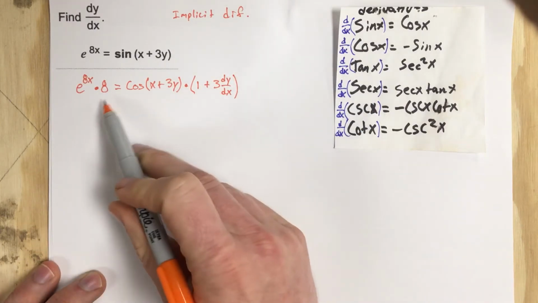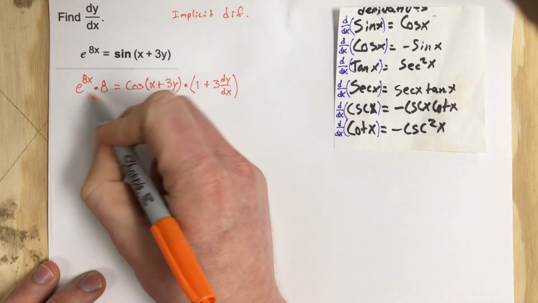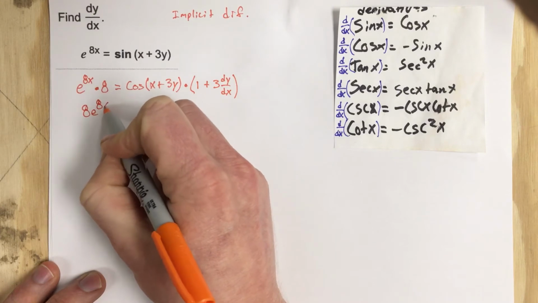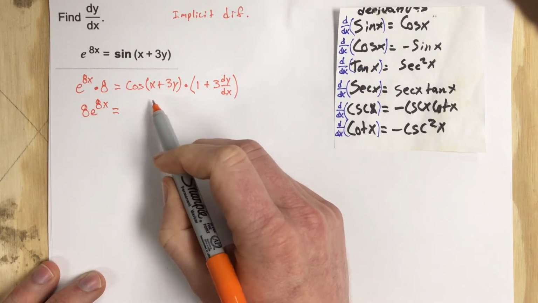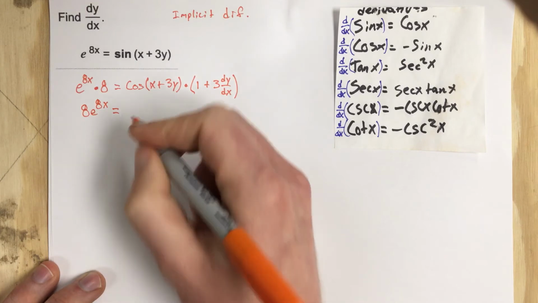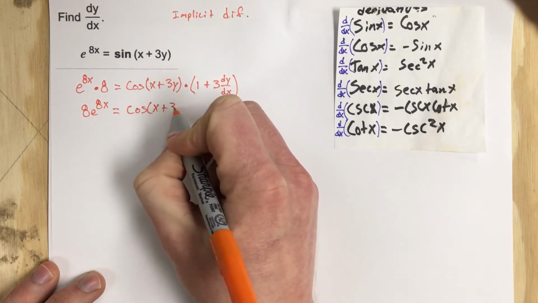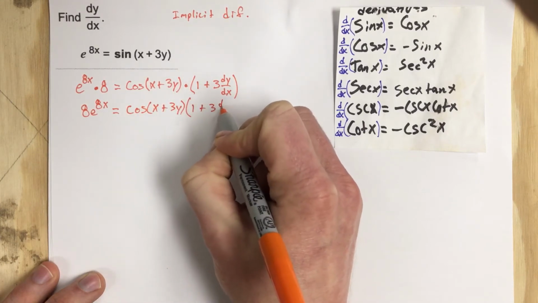So we've taken the derivative here. Now we just need to solve for dy over dx. So we're going to go ahead and combine this together. This is 8e to the 8x equals, let's go ahead and leave this as is, cosine of x plus 3y times 1 plus 3 dy over dx.